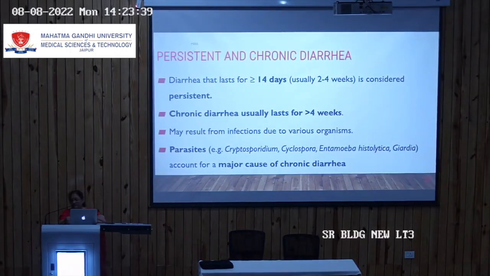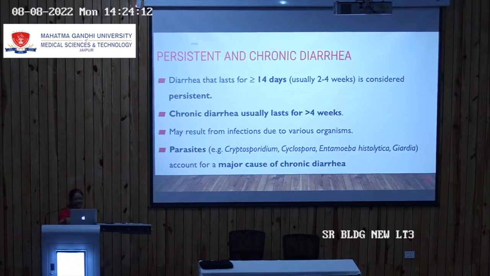Now, the other term is persistent and chronic diarrhea. If the diarrhea lasts for more than 14 days, it is considered persistent. Chronic diarrhea is generally that which lasts for more than 4 weeks. This may result from infections due to various organisms like parasites. All these parasites like Cryptosporidium, Cyclospora, Entamoeba and Giardia, they can cause chronic diarrhea.